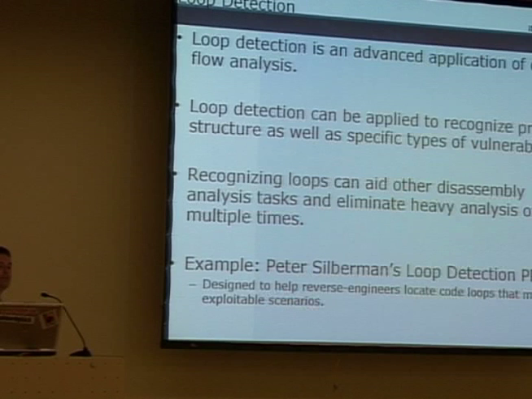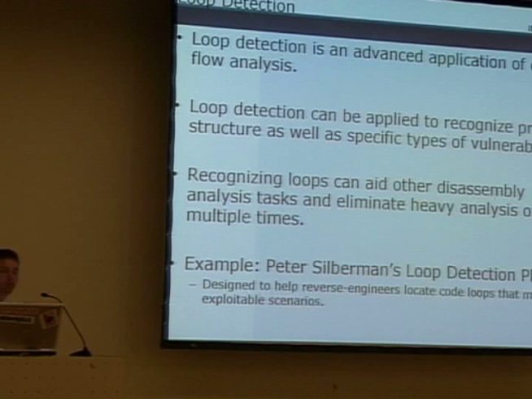Perhaps a loop is performing some string copy operation or a strcat, and it's taking user data. Perhaps this is a location we should look at for vulnerabilities, because loops are common areas where people make mathematical mistakes in the counts of the number of times you can loop.